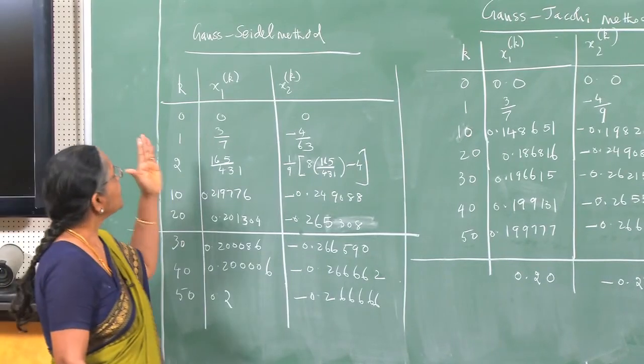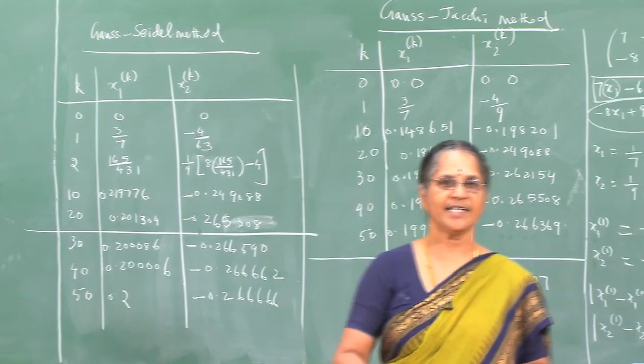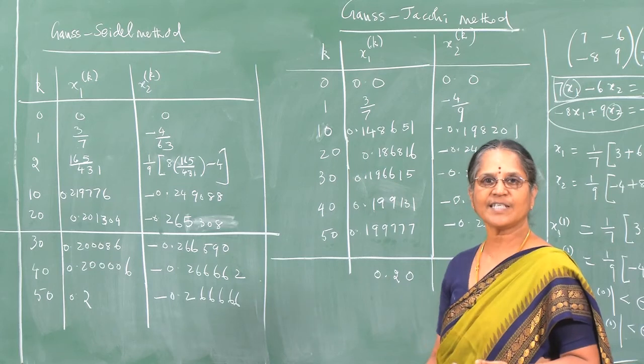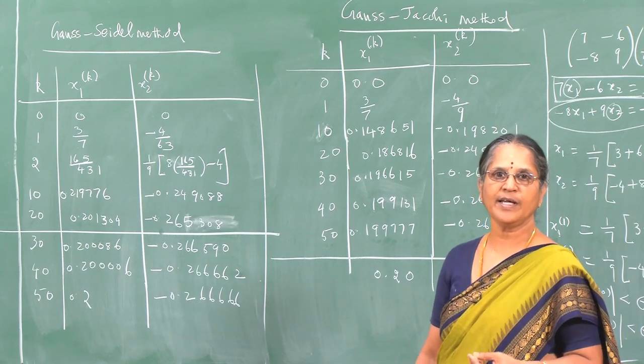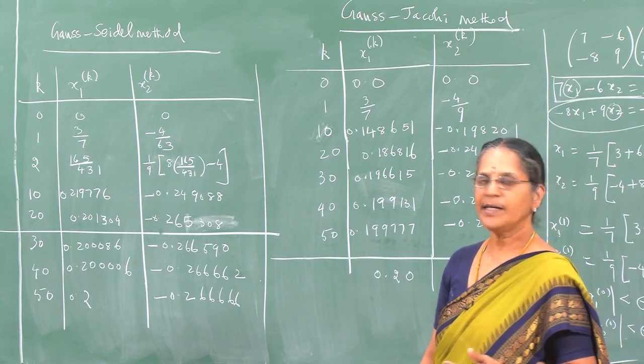So, the Gauss-Seidel method and the Gauss-Jacobi method both generate a sequence of iterates for the solution of the system of equations Ax equals b, which converge to the actual solution of the problem.